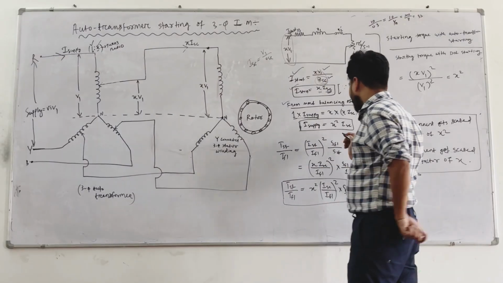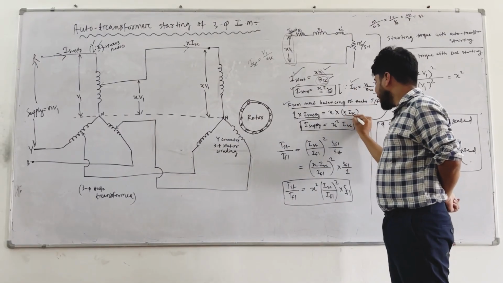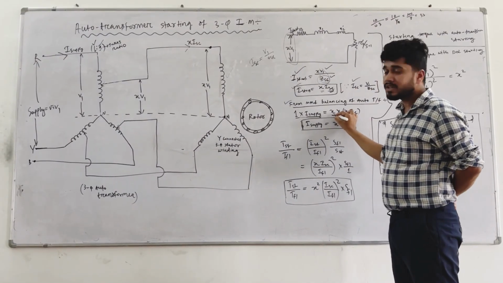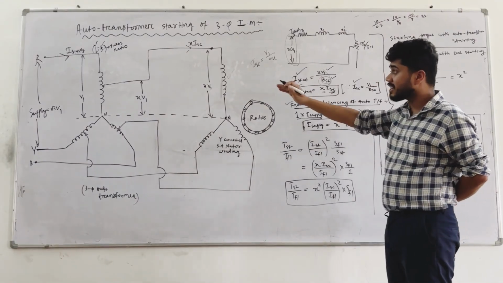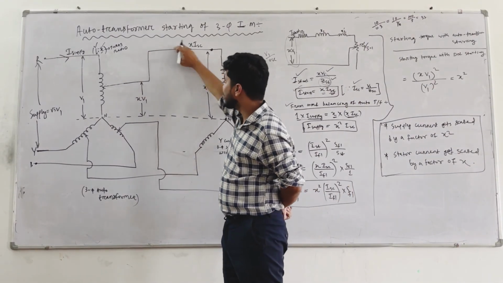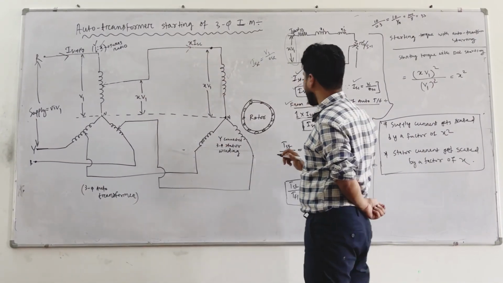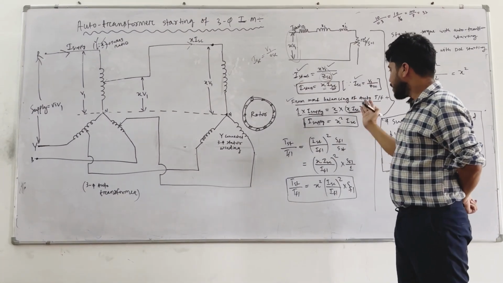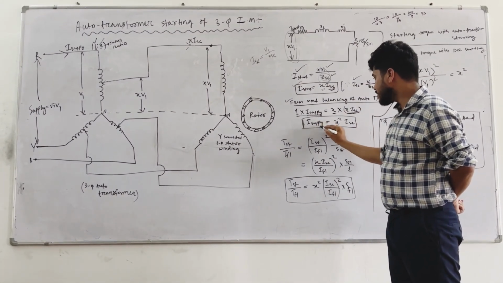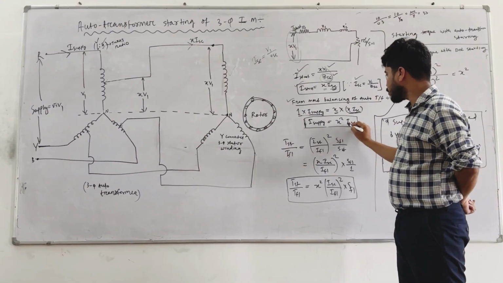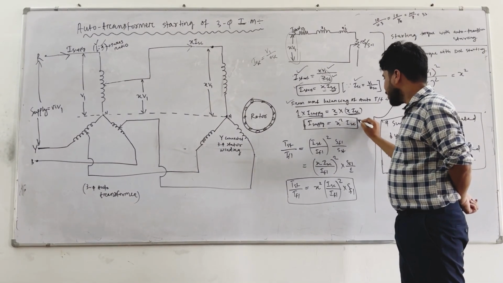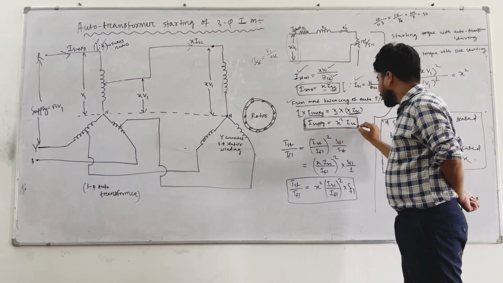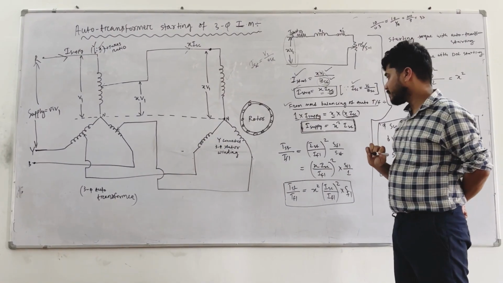So that's why I am writing over here, X is the number of turns in the secondary and the current in the secondary side is basically X into IS. So X into IS. Now this product will give you I supply is equal to X square into ISC. Everyone understood how I have arrived at this relation?